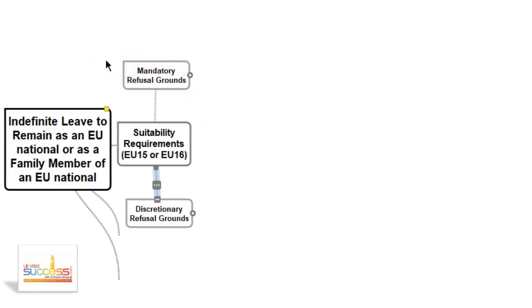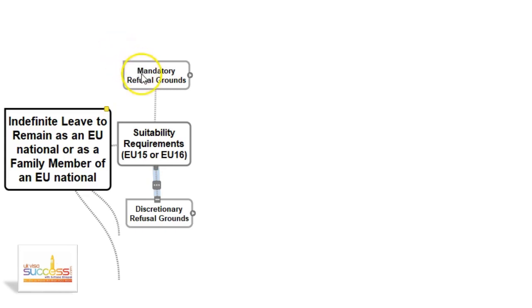In other words, they must refuse your application. Whereas if you are caught by one of the discretionary grounds for refusal, the decision maker can still allow the application. In other words, they can choose to exercise their discretion in relation to a case. I personally see very little difference between the two because more often than not, the decision makers refuse the applications even if the applicants are caught by the discretionary grounds for refusal.